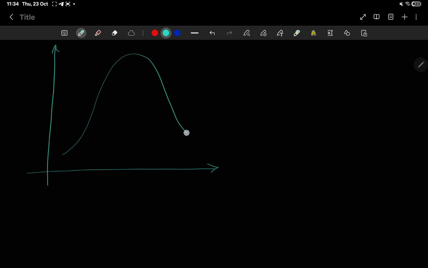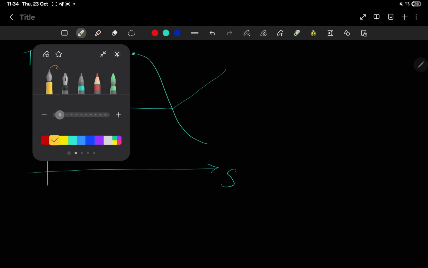So here, let me draw this again. We have drawn a line like this. This is T, this is S. This point is the critical point.